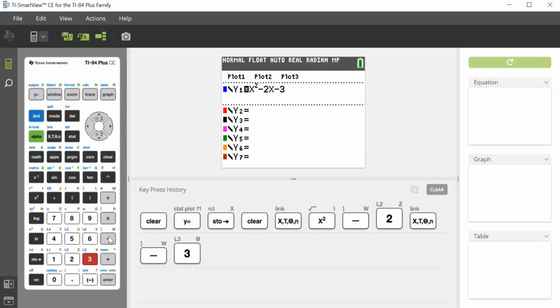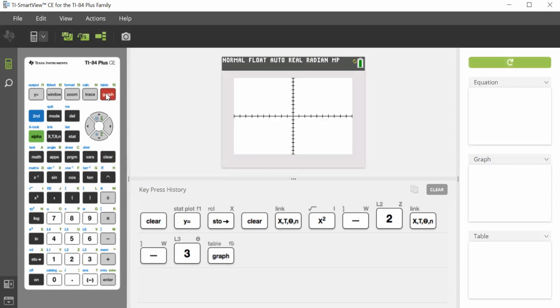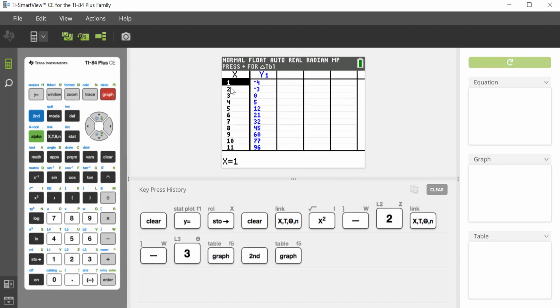Notice this button over here is your minus. This button right below the 3 and to the left of enter is for your negative. Now, if you graph that, you're going to see the same type of graph. And if you go to second graph, you look at your table, notice that first point is at 1, negative 4.